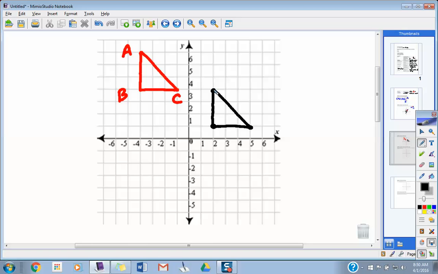Any idea how I'm going to label this top point on the black triangle? A prime. What do you think we're going to call the bottom left? B prime, and finally this. Okay. Is that a rigid motion, first of all? Shapes the same? You bet they are.